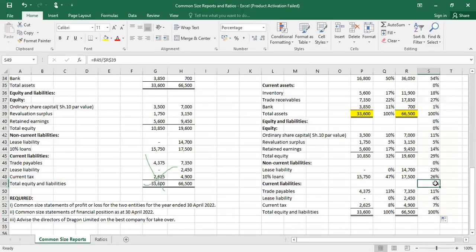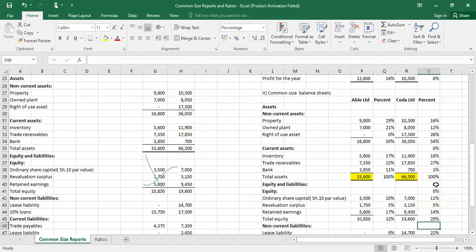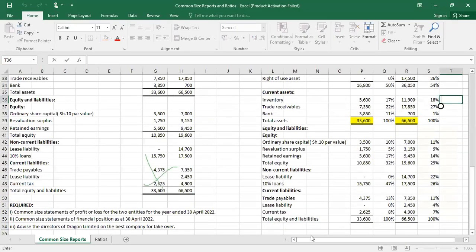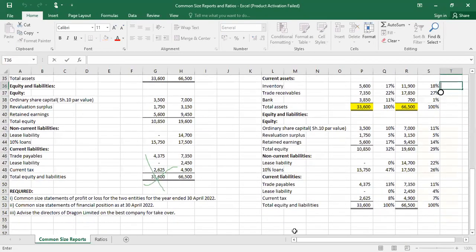And then again, do away with the spaces where I do not have an item of the balance sheet. And so, ladies and gentlemen, that is it for the common size balance sheets.